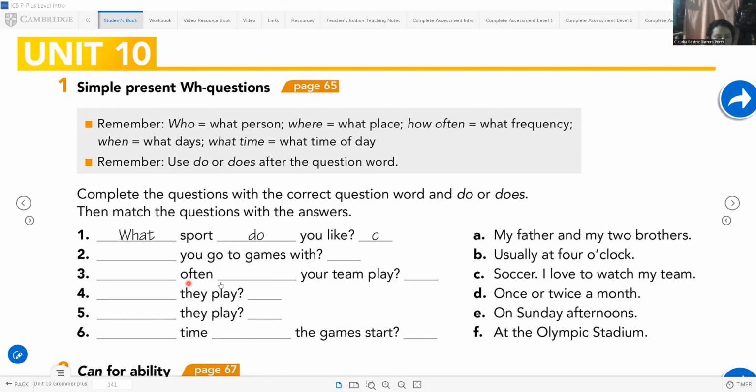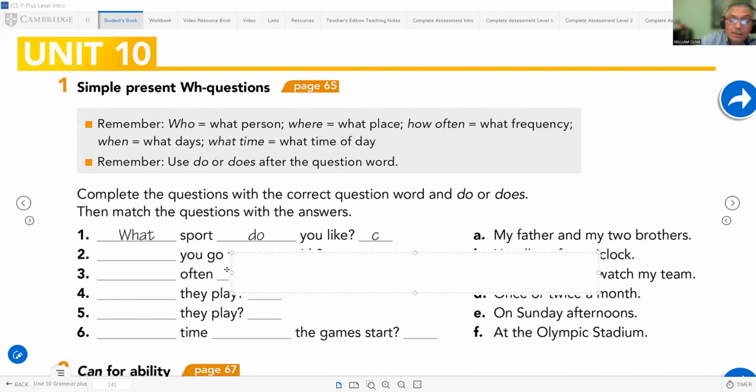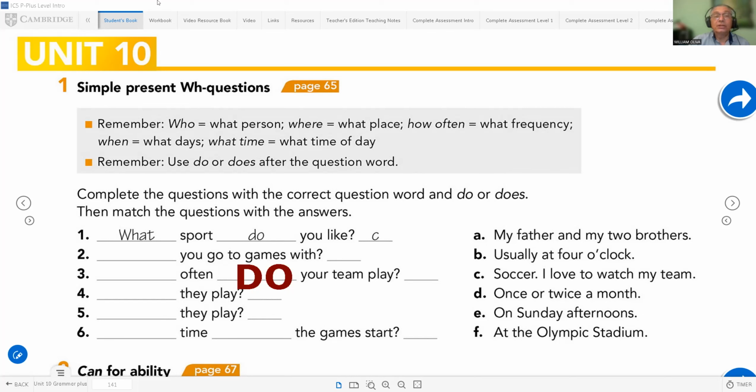How often does your team play? Letter D. Okay. How often do you say, how often do? It is not do. Es das.